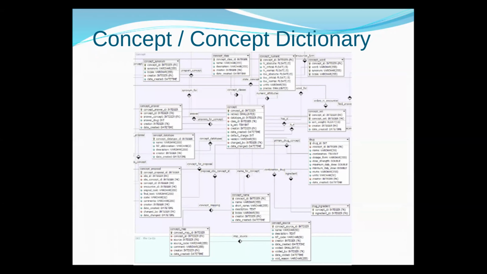Now, in each encounter, you'll most of the time find care providers filling forms, and that brings the form data model. And on every form, you will find questions that the care providers provide answers to during their interaction with patients. And what is recorded during those encounters are really observations.